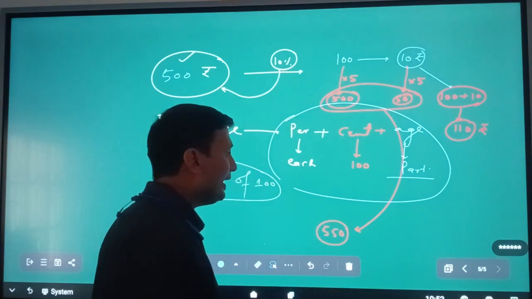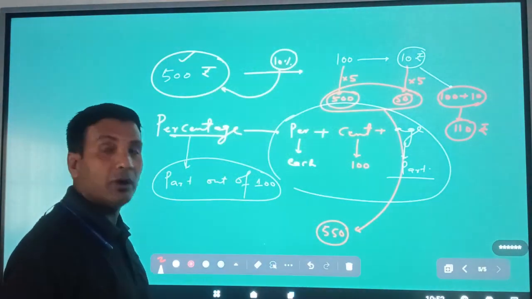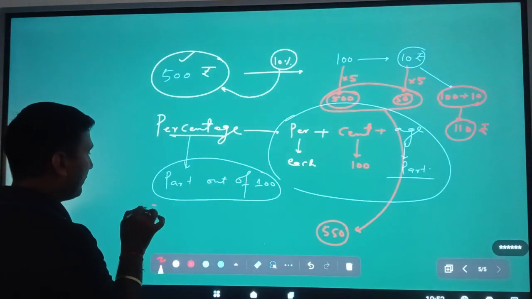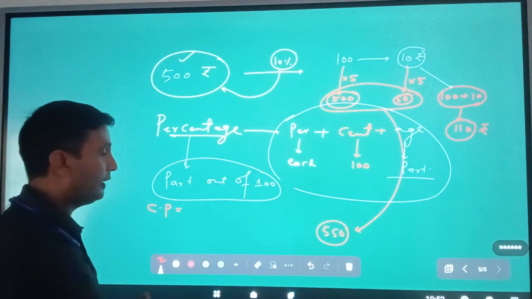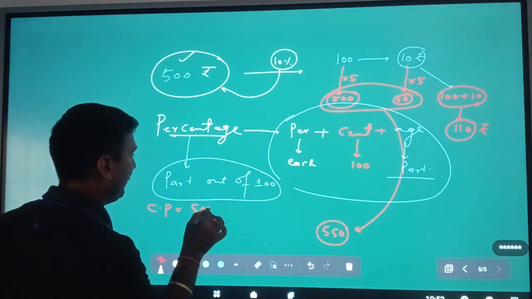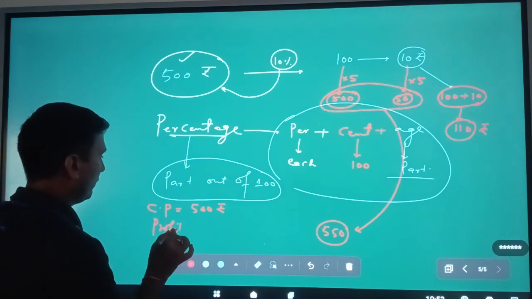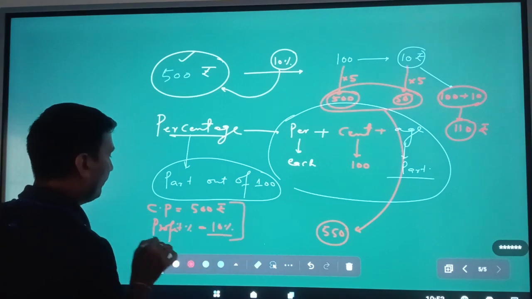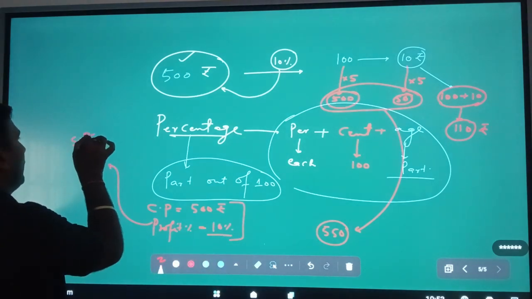Another technique that we apply in the chapter profit and loss: since I have my cost price, the price at which I bought that article, as 500 rupees, and the profit percent is 10%, by the formula I have to find the selling price.